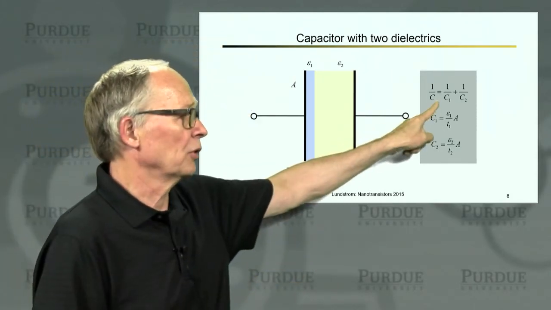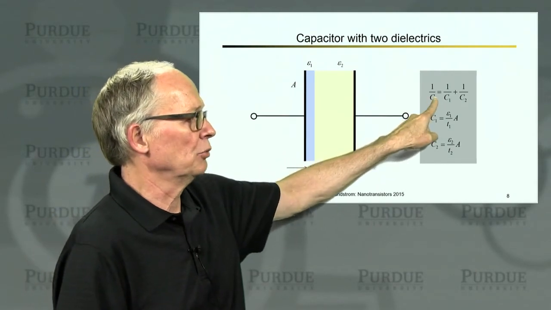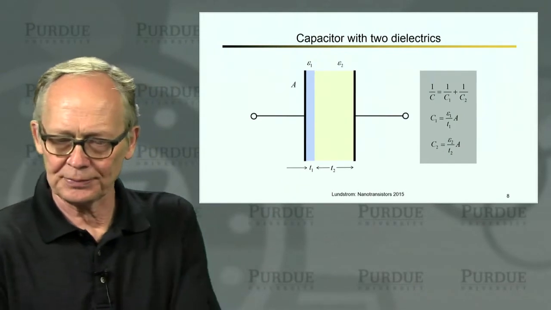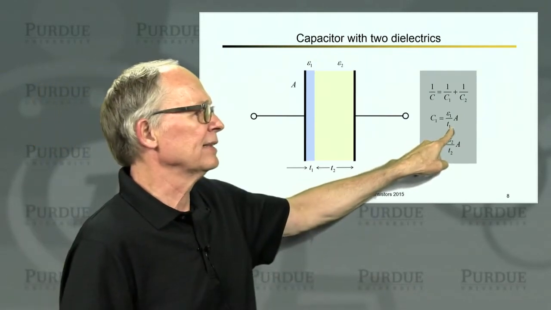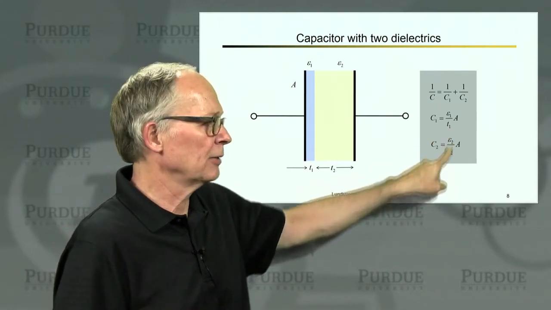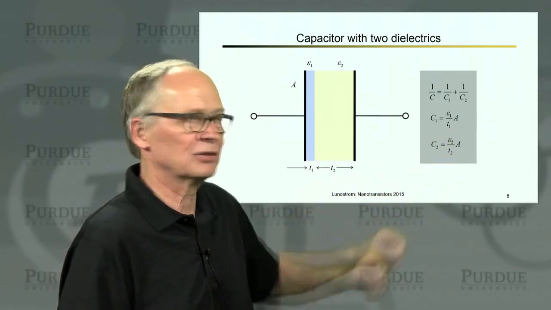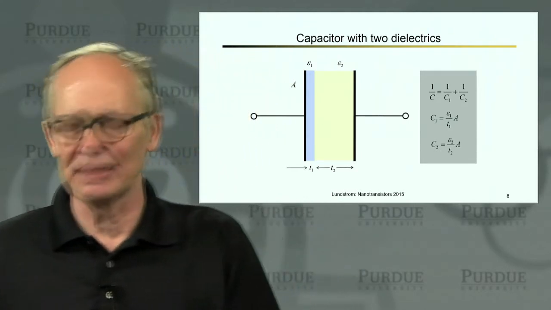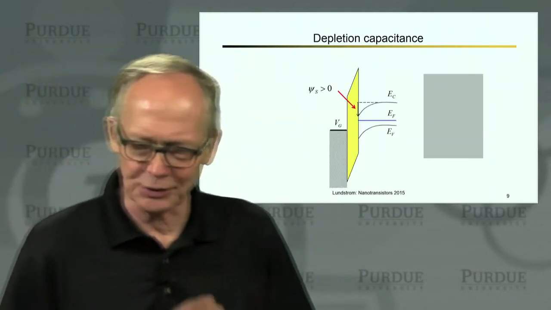And then the rule for adding two capacitors in series is given by adding the inverses. The first one is just the capacitance, assuming I have one insulator. The second one is the capacitance, assuming I have the second insulator. All right, so I haven't derived that, but it sort of should look intuitive to you.